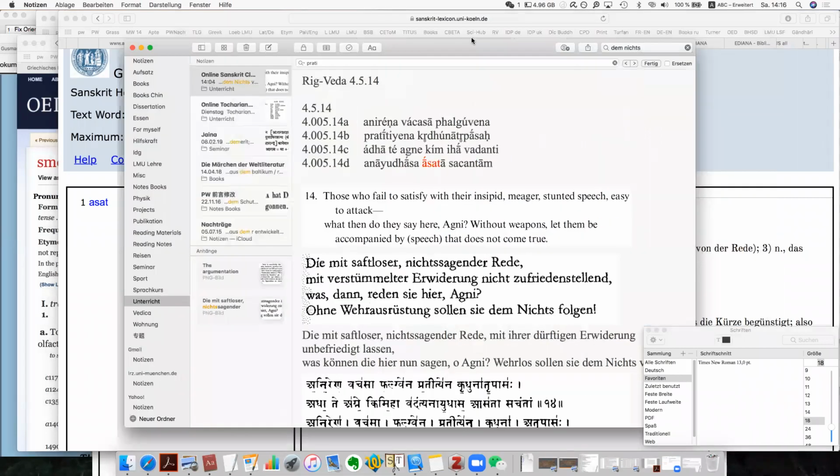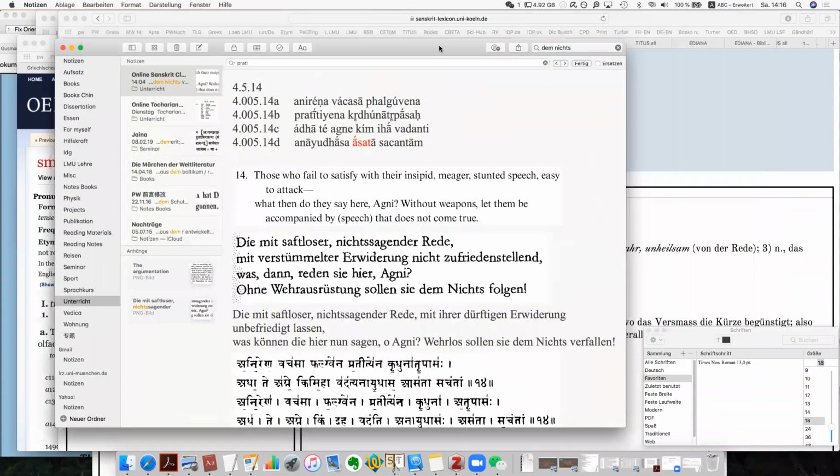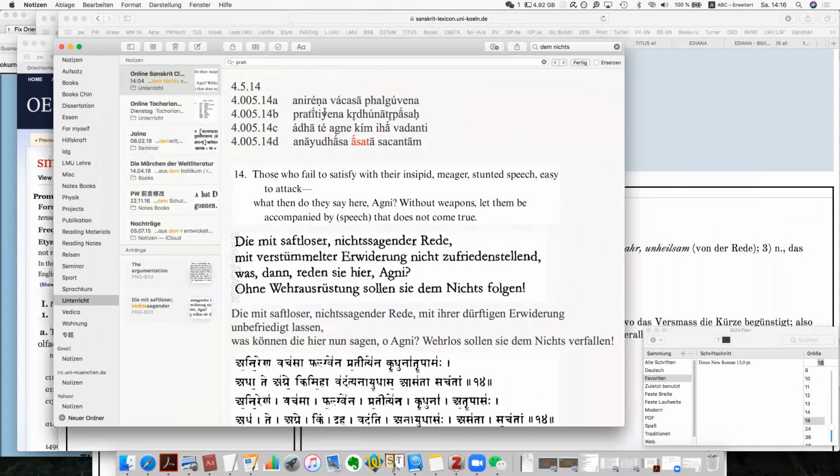So let's check one sentence. This is a verse we're going to read today. Anirena vachasa, agnir vena, pratiyena kriduna tripasas, ada te agne kim iha vadanti anya yudasa asata sachatam.